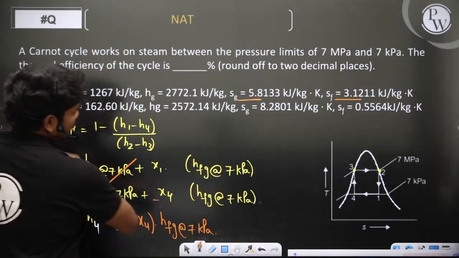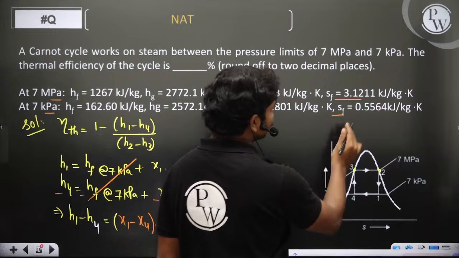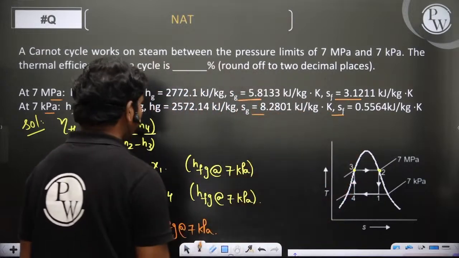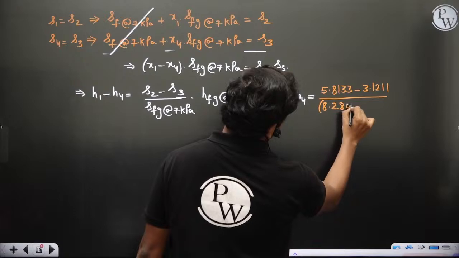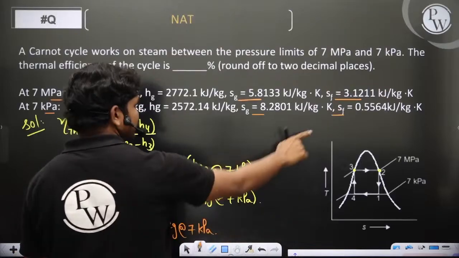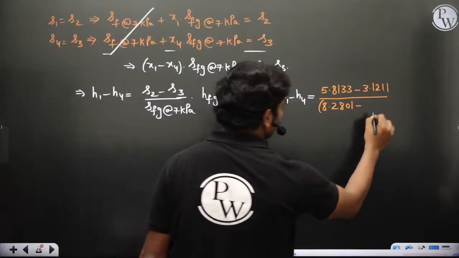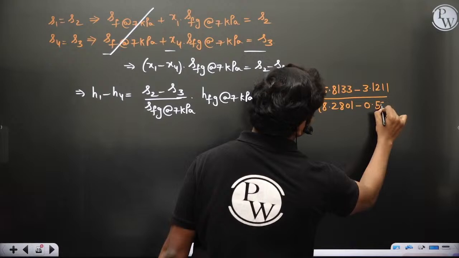At 7 kilopascals, Sfg is Sg minus Sf: 8.2801 minus Sf, 0.5564.